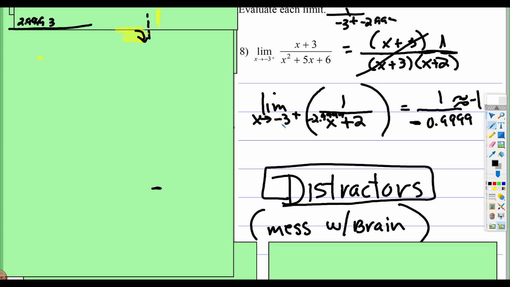Just like if you plugged in negative 3 from the left side, negative 3.0001 plus 2, you still end up with this number. This is called a distractor because this is one of those graphs that might look something like this. Both sides are headed to a height of negative 1.